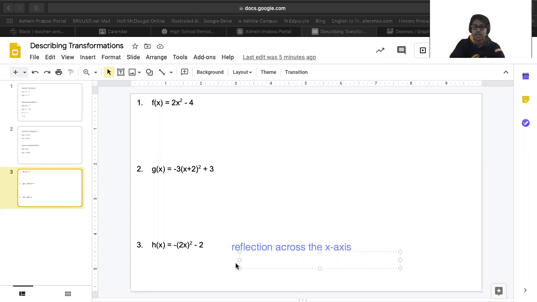We also know that the graph is going down 2 units and that there is a horizontal stretch by 2 units, or by a factor of 2. So once again, we'll just graph this.